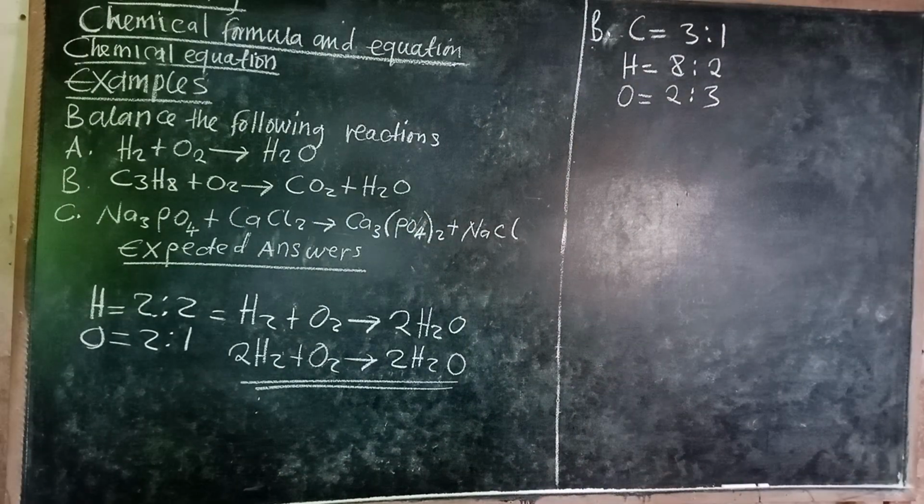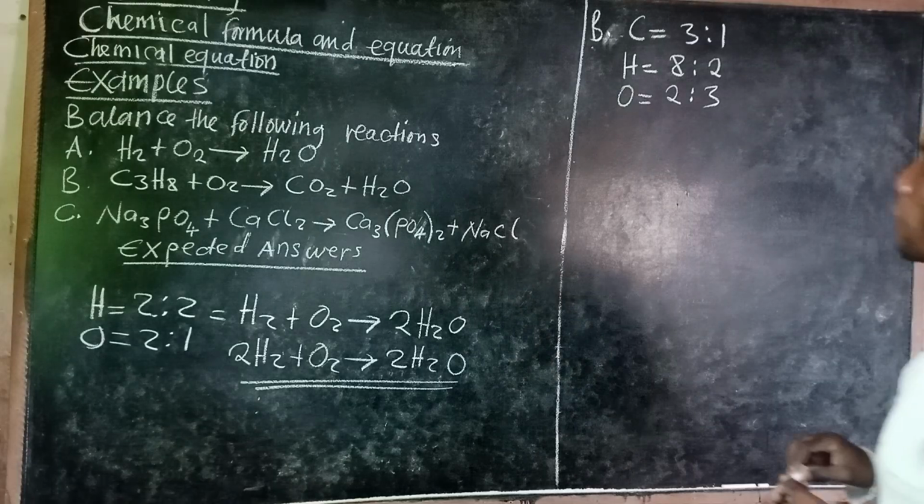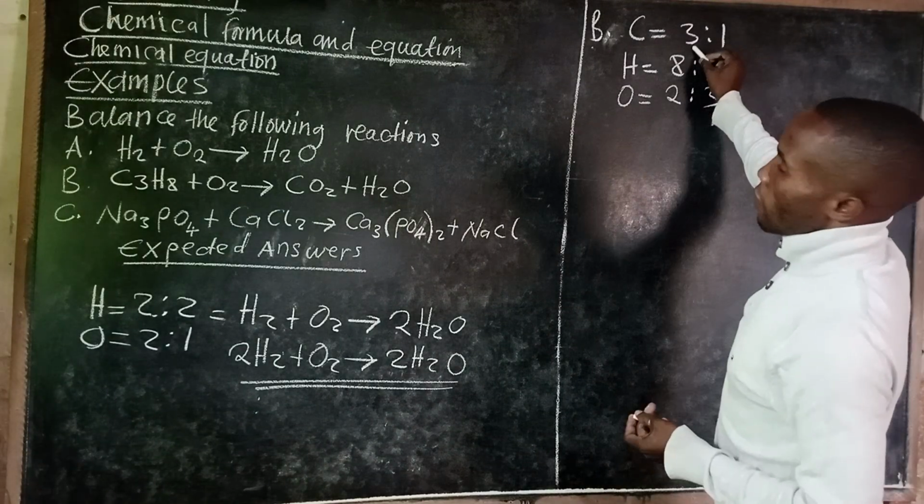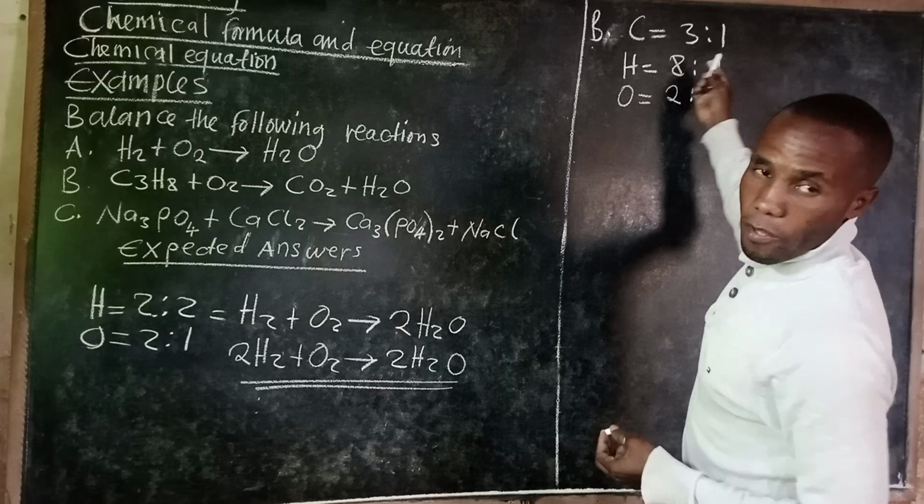Now you have seen the way they are. So what are we going to do for us to balance this? It means there's a 3 for carbon, so we should add a 3 on the product part.